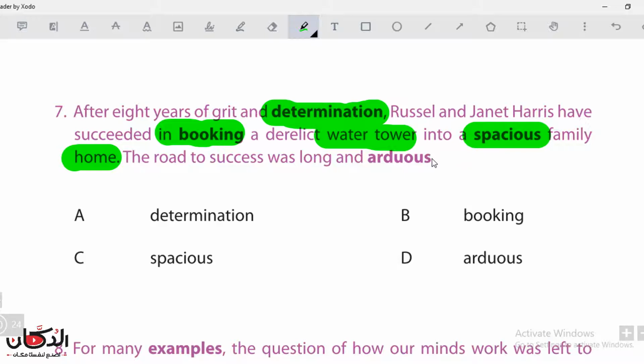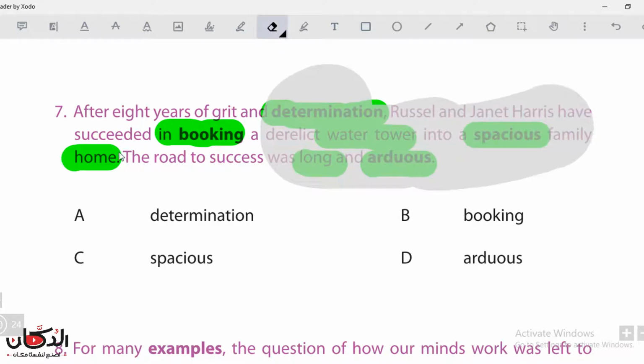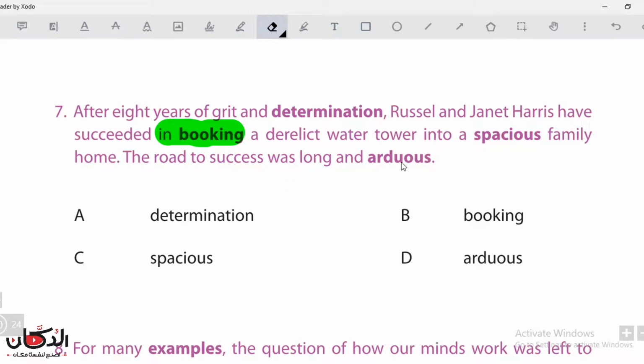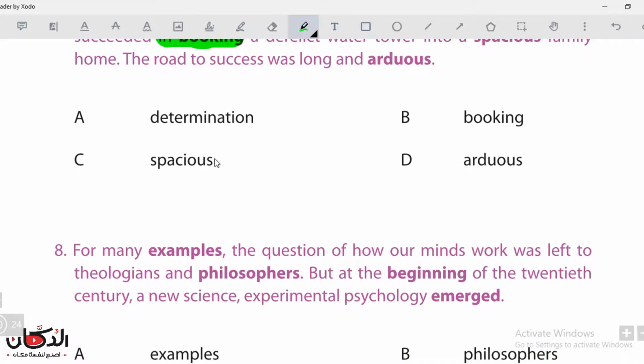This means tiring. Yeah, long. Okay, arduous is correct. So the wrong answer here is booking, because you cannot book a water tower. You can put what here? It can be changing a water tower into a spacious home, not booking.